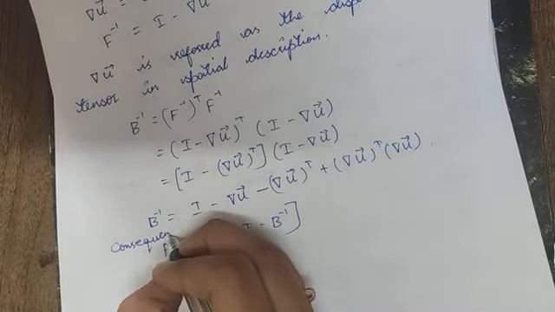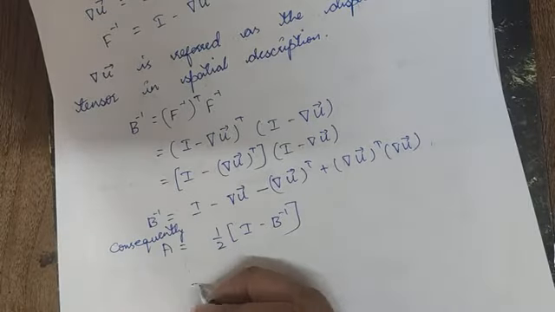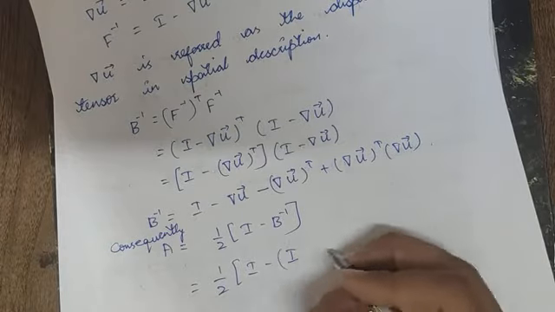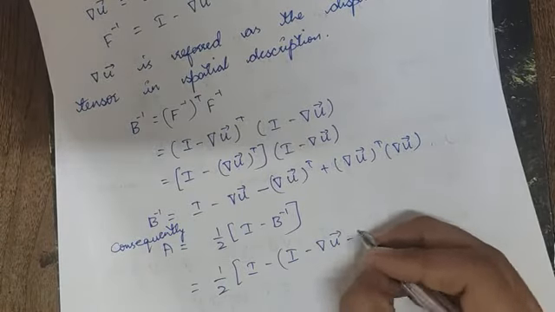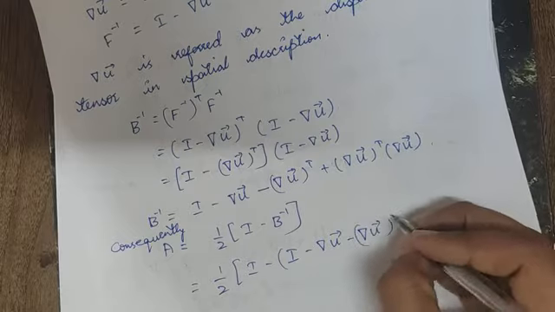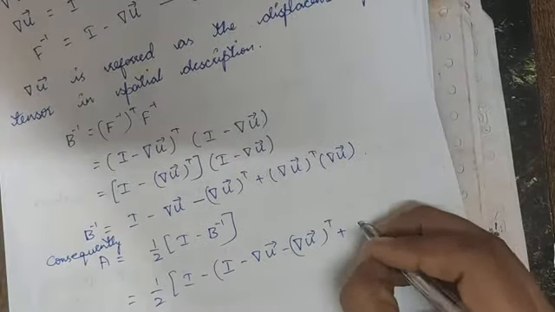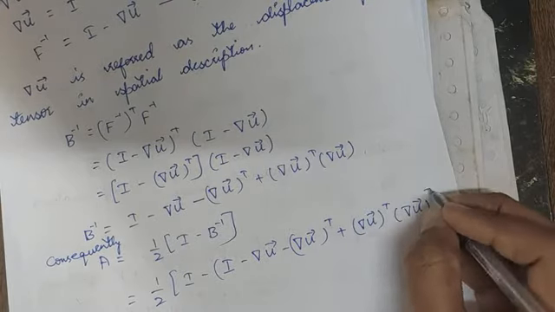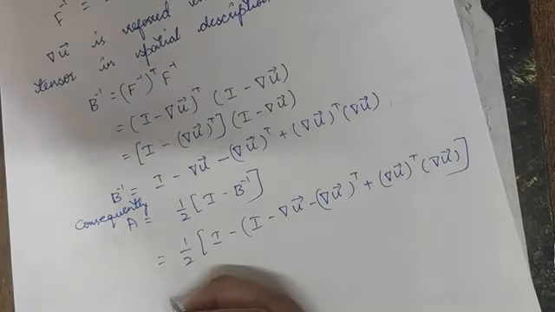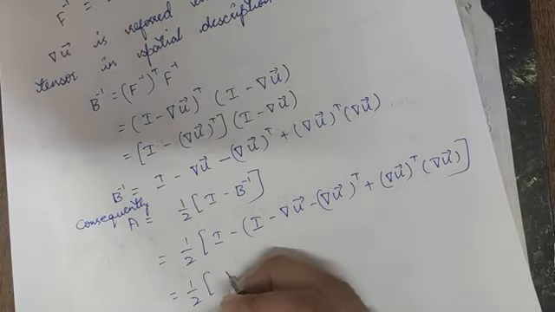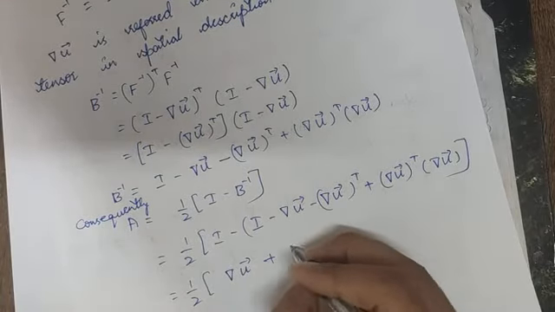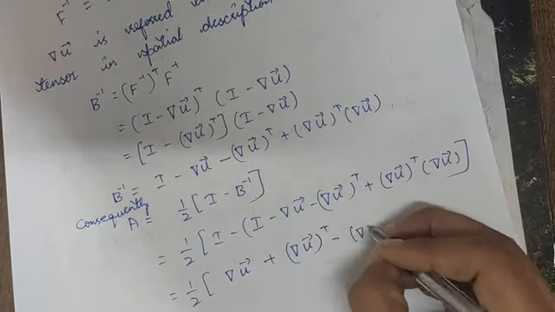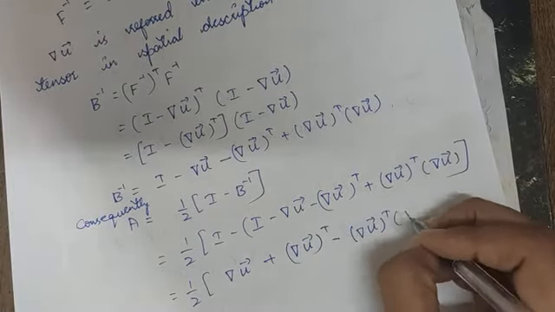From the above, I know what is B inverse. Substitute that here. I minus del U minus del U whole transpose plus del U whole transpose into del U. This I gets cancelled. You will get half into del U plus del U whole transpose minus del U whole transpose into del U.